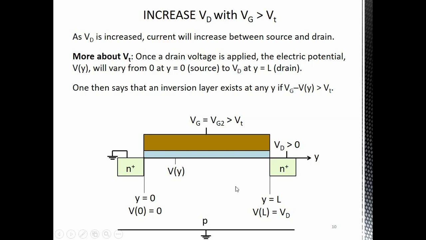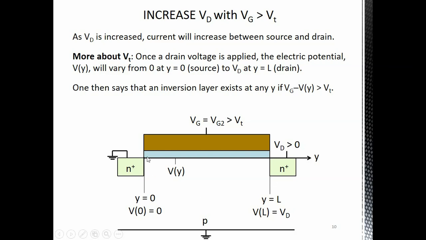But for our purposes, we will define the source edge of the channel as y equal to 0, the drain edge of the channel as y equal to L, and we say the electrostatic potential at the source edge is 0 at the surface, and at the drain edge it is Vd.